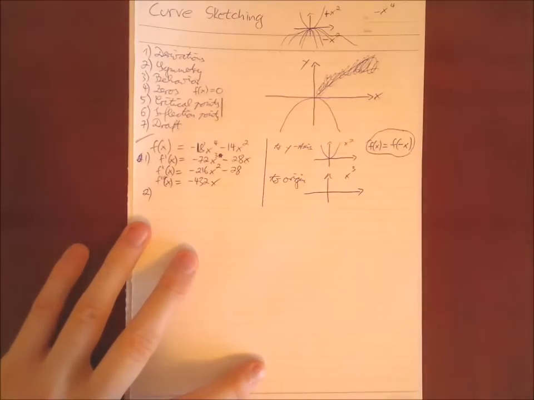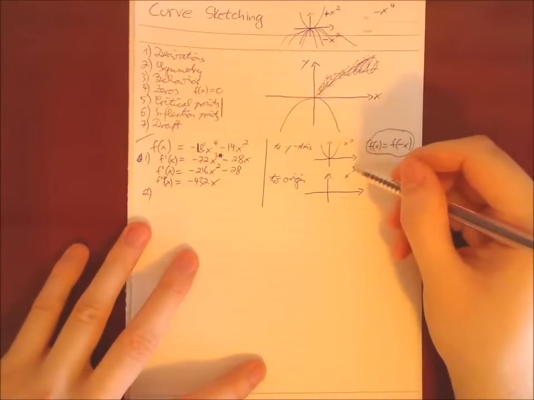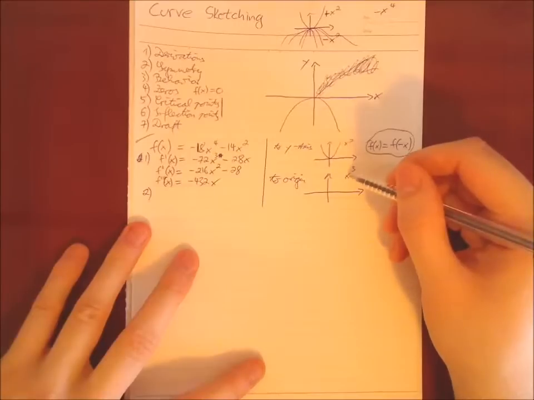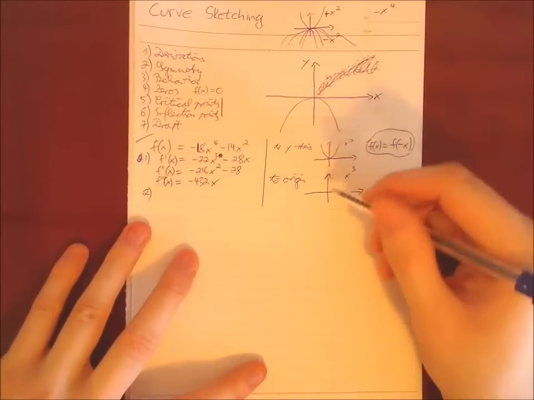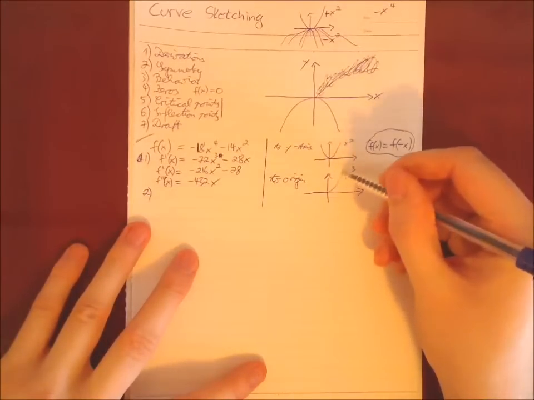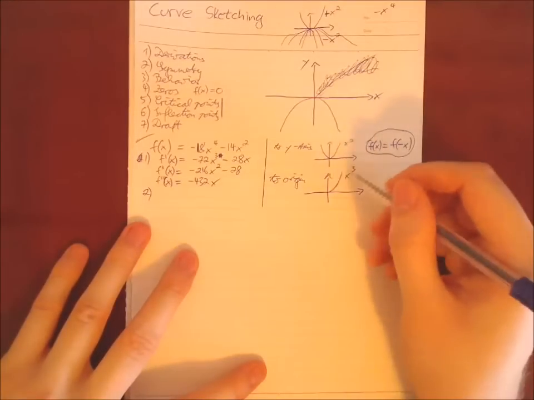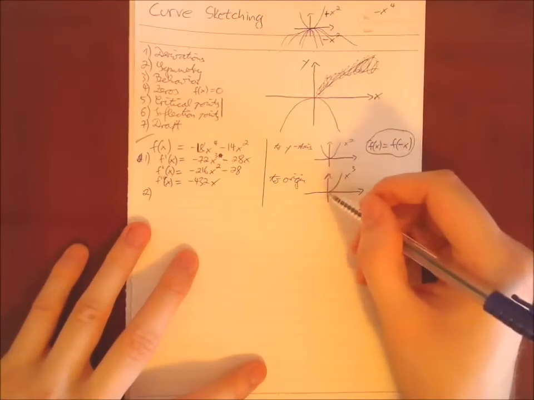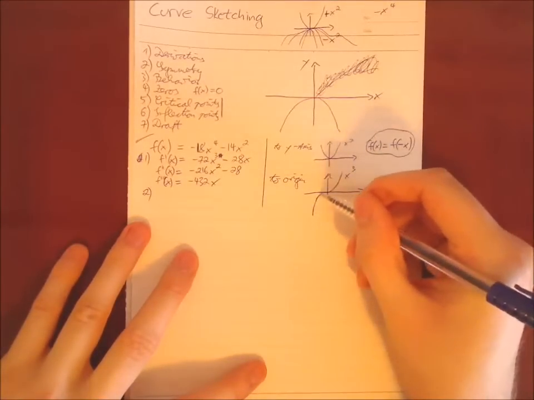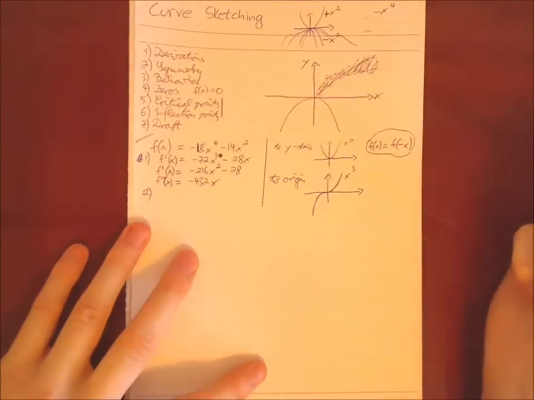I always forget how it looks, but it looks positive. If you insert positive values for x, we have something like a parabola, similar. And if we insert negative values, of course, then we have also negative outcomes. So it looks something like this, right? So in this case, we have symmetry to the origin.